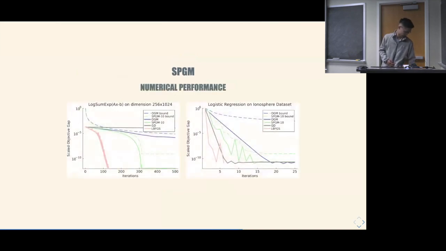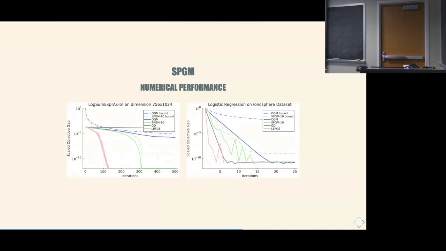These are just some slides that indicate the numerical performance. Maybe you can't see because the colors are really bad. This is SPGM. This is OGM. I guess this is gradient descent. These are just some random problems.